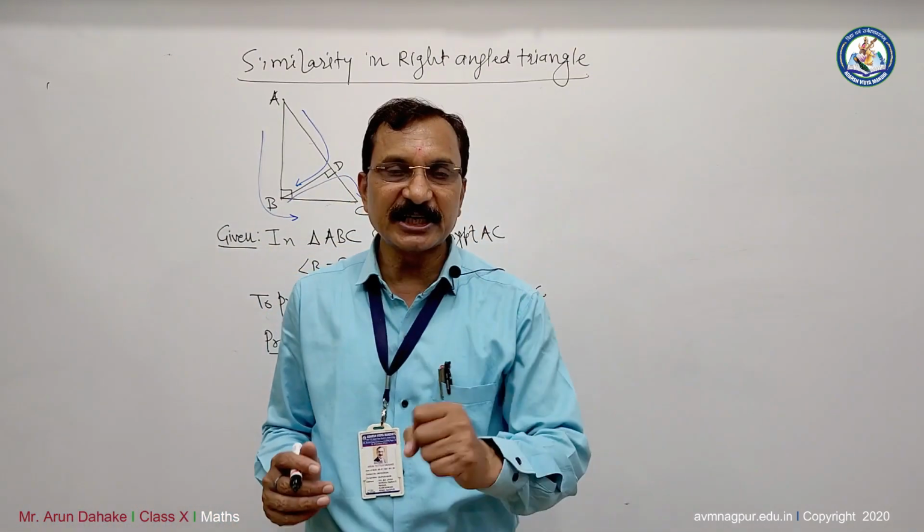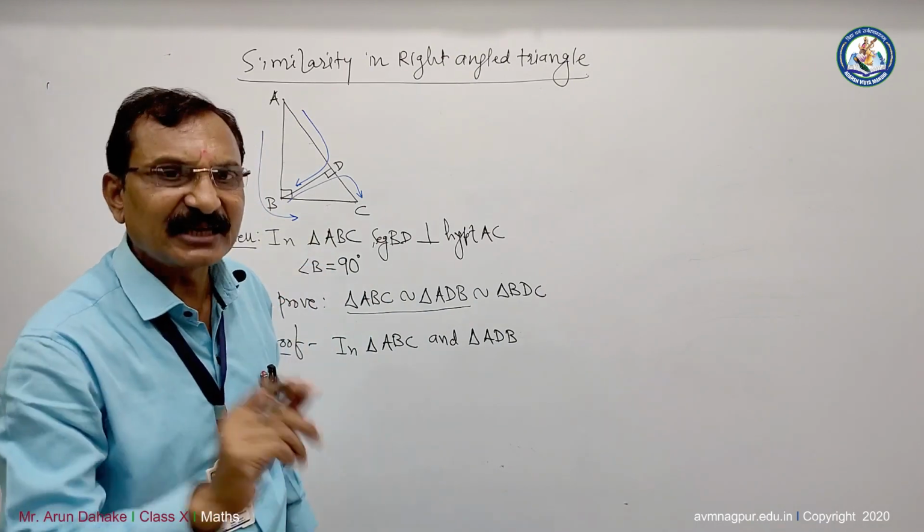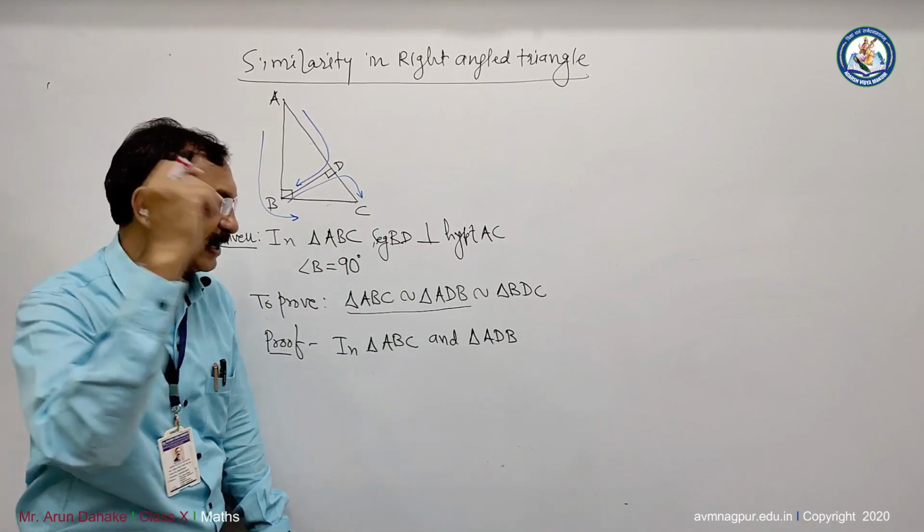To prove them similar, we use the AA test, that is the angle test for similarity.